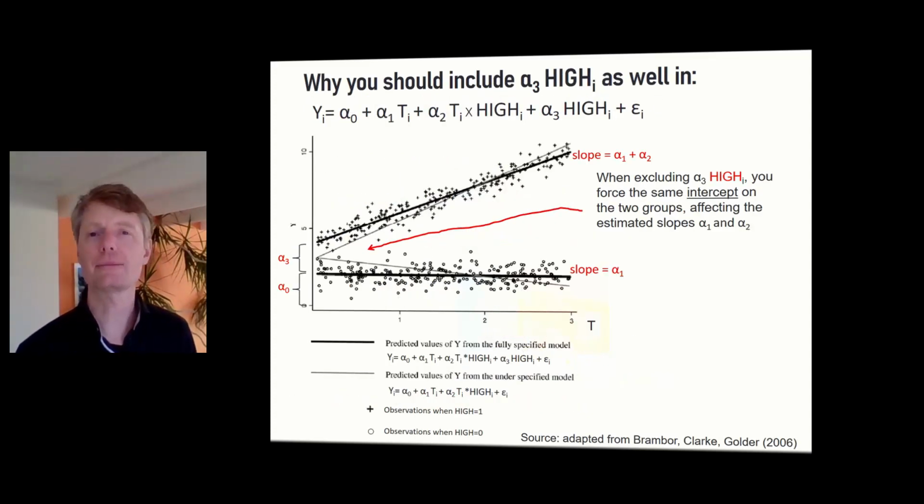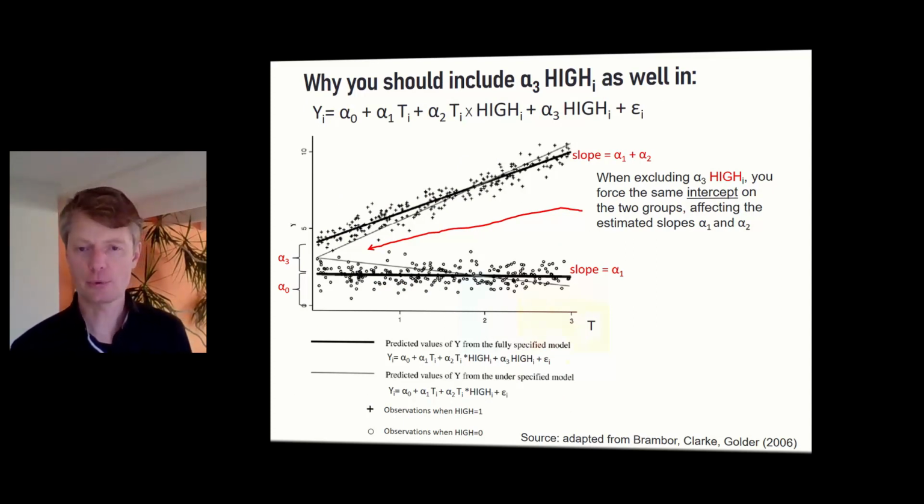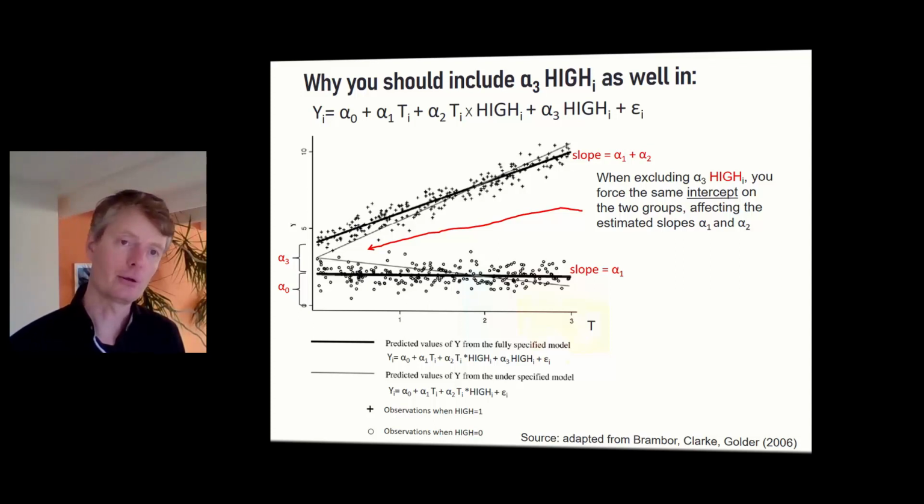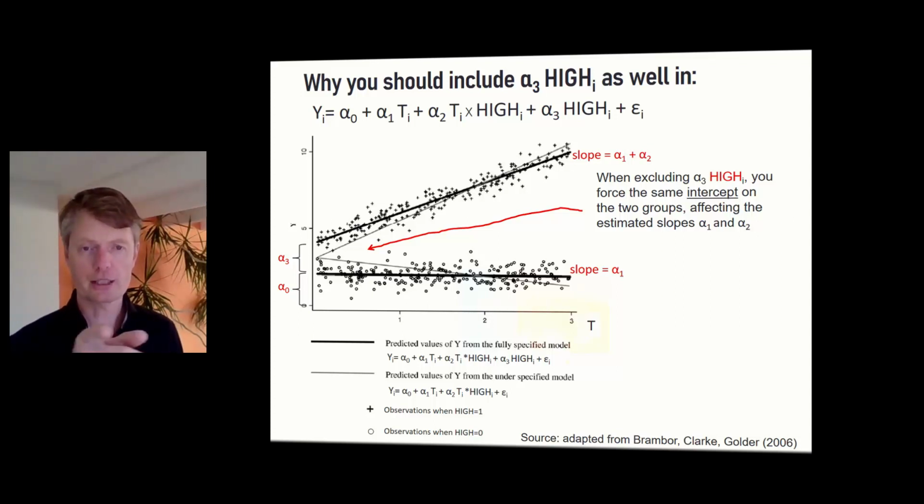Let me actually show you graphically why it is important to include this alpha 3 times high term. What we have here is an example taken from Brambor, Clark, and Golder. On the horizontal axis we have T, the treatment. The treatment in this case takes on values between 0 and 3. On the vertical axis is the value of the outcome, and that varies between 0 and 10. So we have two sets of observations. We have observations for the high is 0 group. Those are the small circles here.